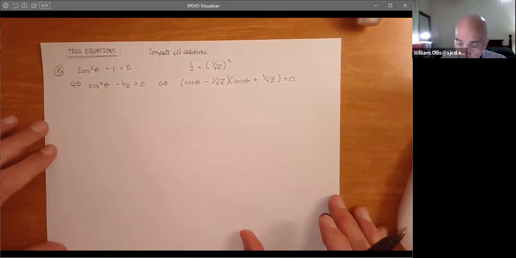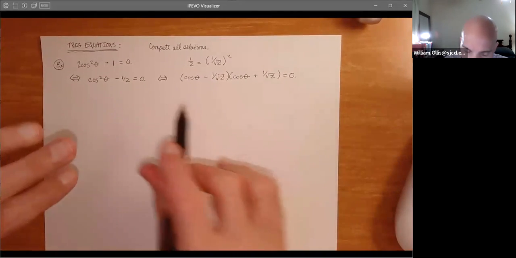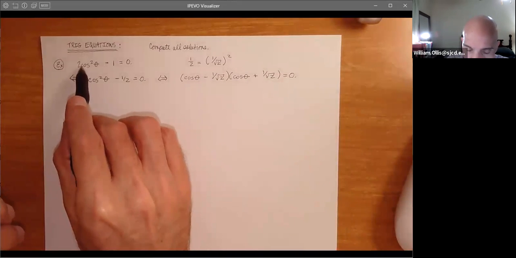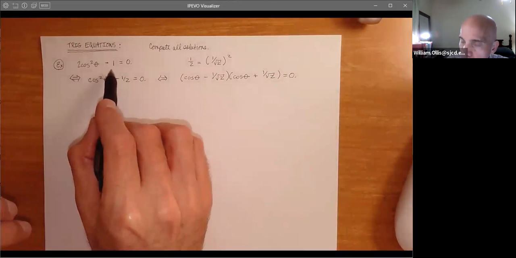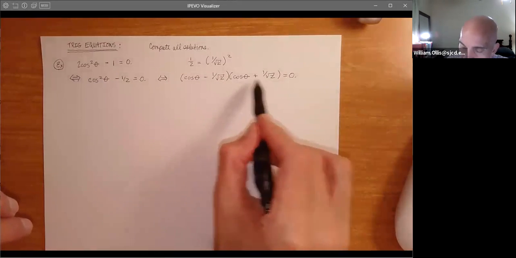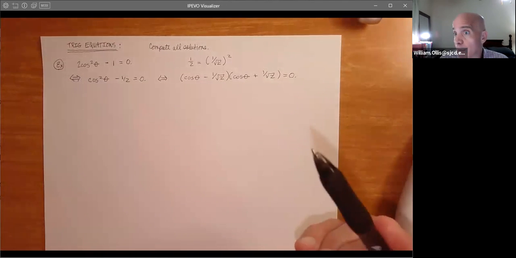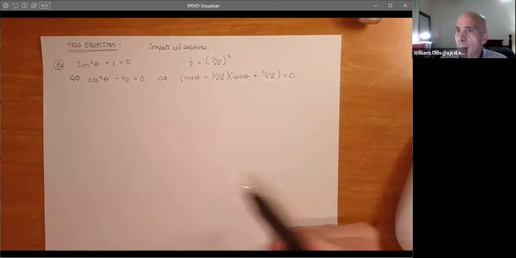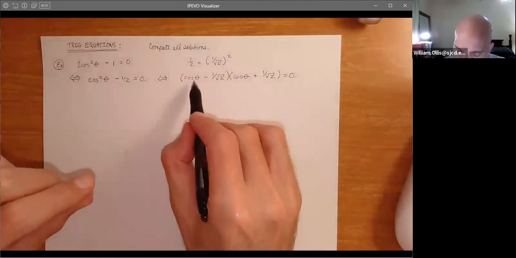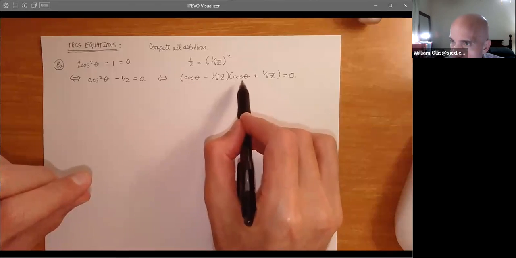When we do something like this, it's exactly what we did in college algebra. We could think of this as 2x squared minus 1, where that would just be x minus 1 over root 2 and x plus 1 over root 2. And that would be pretty simple; we basically have already solved the equation there. But the only hiccup here, like I said before, is that this is not an x, this is a cosine theta, and likewise, this is a cosine theta.